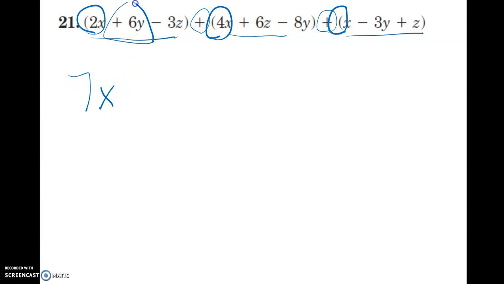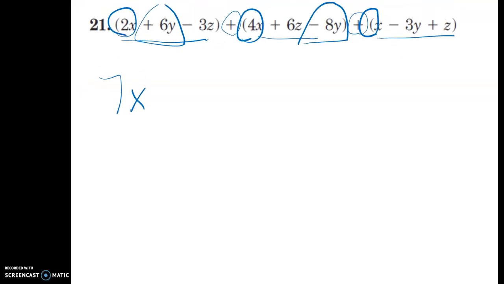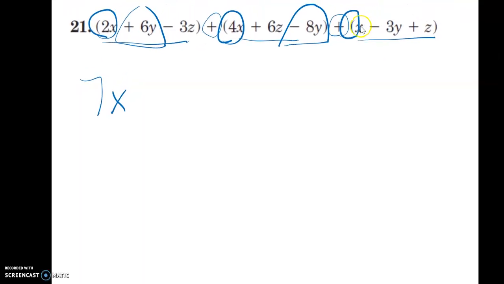I have a positive 6y, I have a negative 8y, and I have a negative 3y. So altogether, I have 6 minus 8, which is negative 2, and negative 2 minus 3 is going to give me a negative 5y.